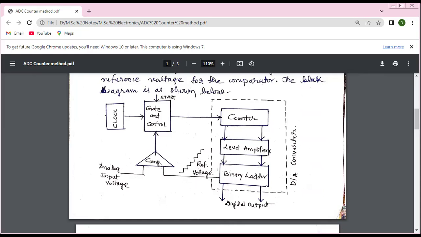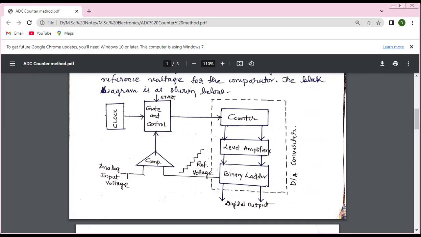The basic function of this op-amp based comparator is to produce a difference voltage. Many times it is called the error signal, because two signals are applied here. One is the reference voltage, another one is the input analog voltage. Both are analog inputs here. So this comparator actually produces the difference signal at its output.